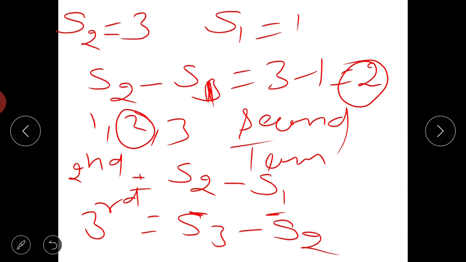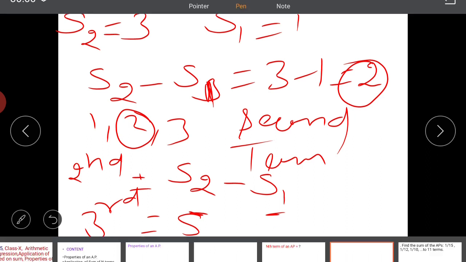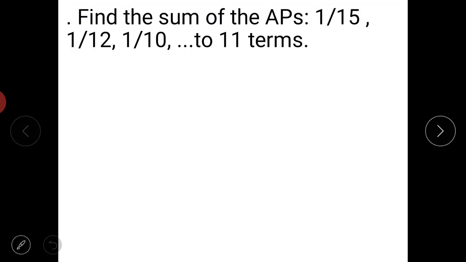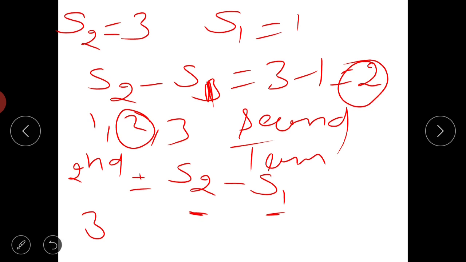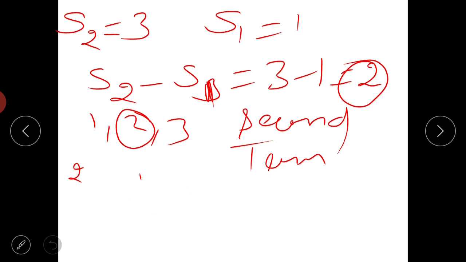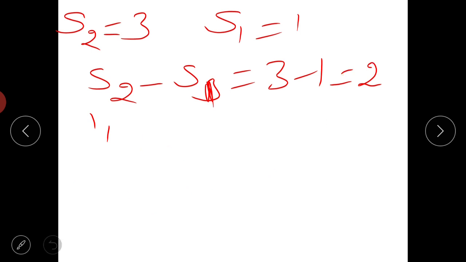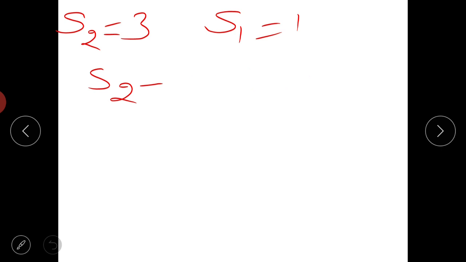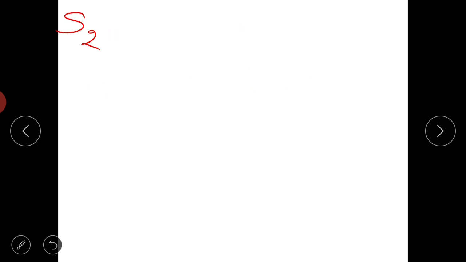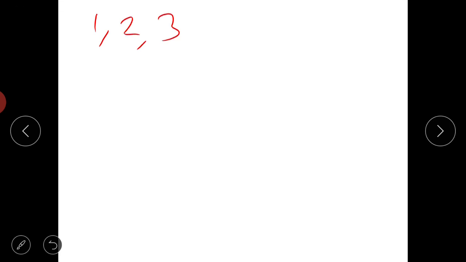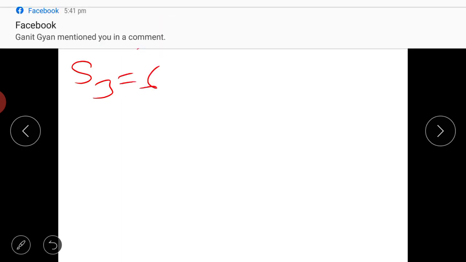And you can use this: the third term should be equal to S3 minus S2. First write the AP 1, 2, 3, and the sum S3 means 1 plus 2 plus 3, which is 6.